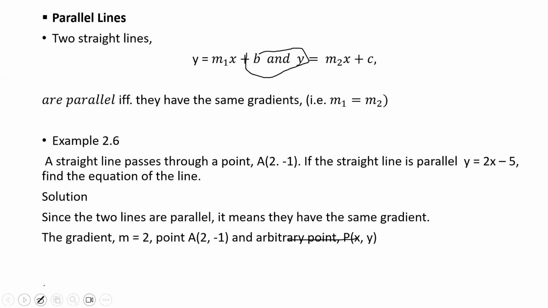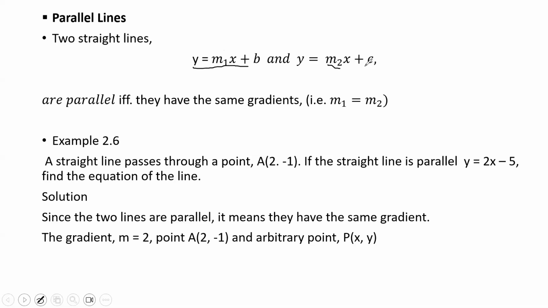Now, assuming you have two equations or two lines, y equal to m1x plus b and y equal to m2x plus c, whereby m1 is the gradient for the first line here, and b is the y-intercept. Here too, m2 is the gradient, and c is the y-intercept.